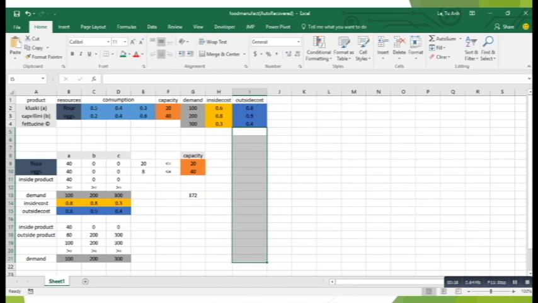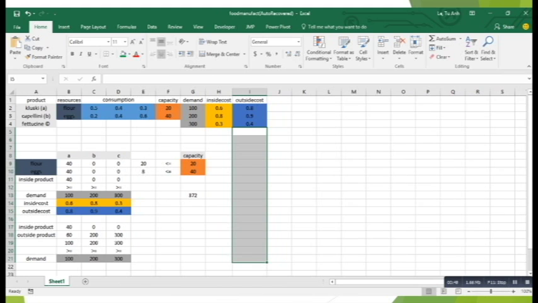Resources, which include flour and egg, the consumption of the product and resources, the capacity of the resources, and the demand from the customer on how many products they need. And the last two are inside and outside cost.